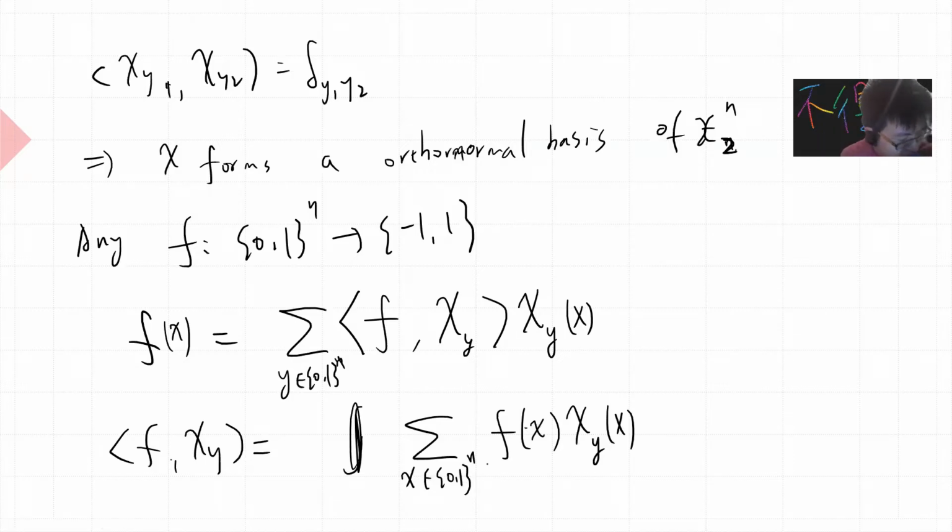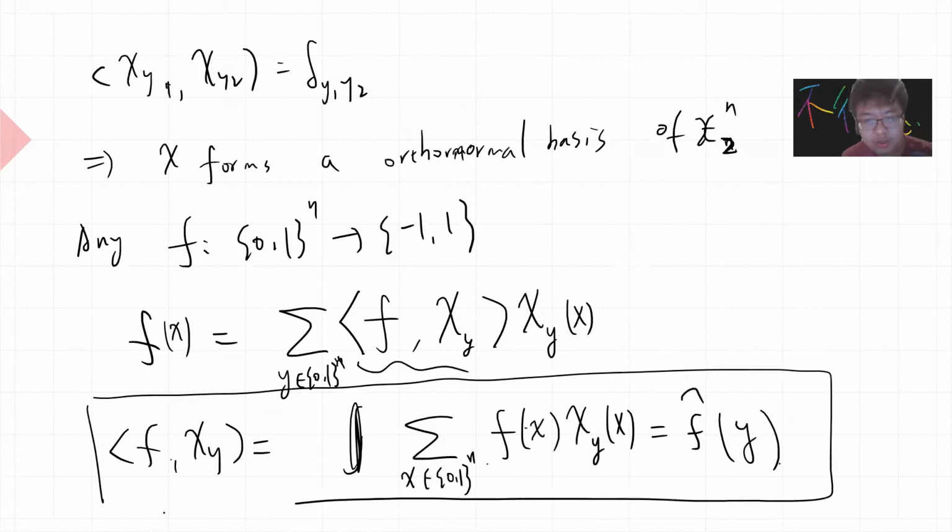This is called f hat of y. This is the Fourier transform.